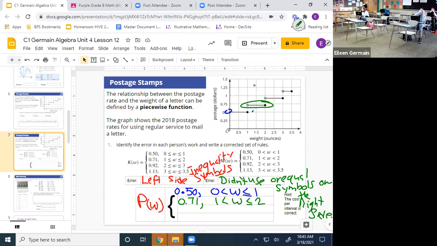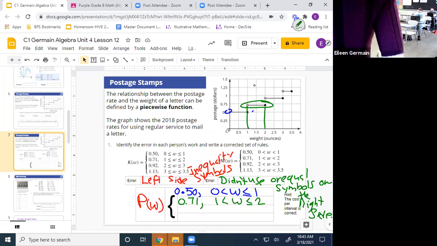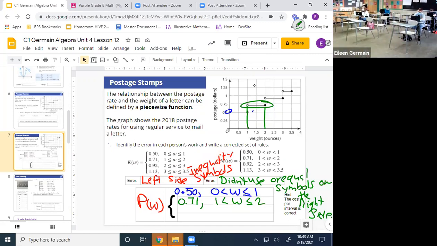Good, because we go from 1 to 2. That's why we chose those two values. The W falls between it. And we're going to say a not or equal to on this first one here because it's an open dot up there. This end piece, this top of the range here, is a or equal to because it's a closed dot on our graph. Very nice job, Junior. People at home, do we agree? Is there anything that we would change? Nice job there, Ian.